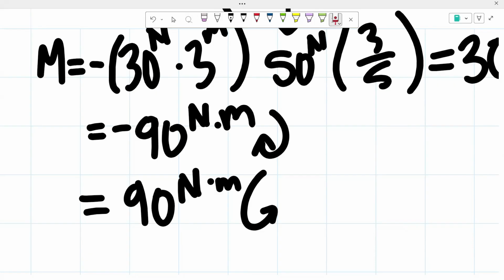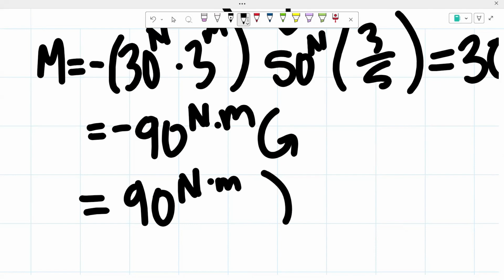So this is negative 90 Newton meters going counterclockwise. That means we have a positive 90 Newton meters going clockwise.